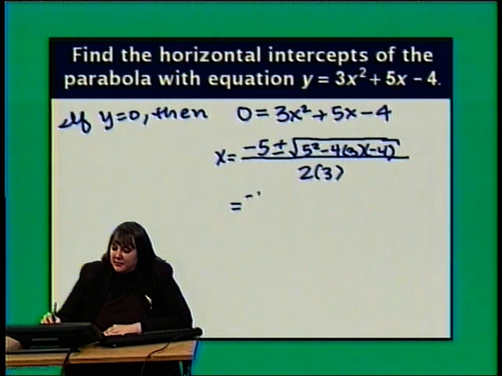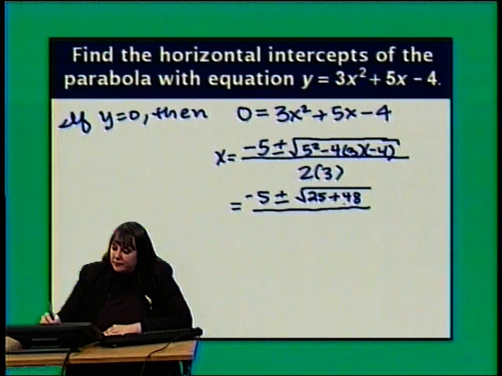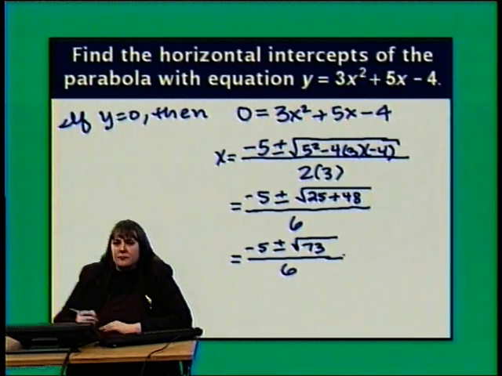Simplifying, I have negative 5 plus or minus the square root of 25 plus 48 all over 6. So this is negative 5 plus or minus the square root of 73 all over 6. So it looks like I'm going to have two horizontal intercepts.